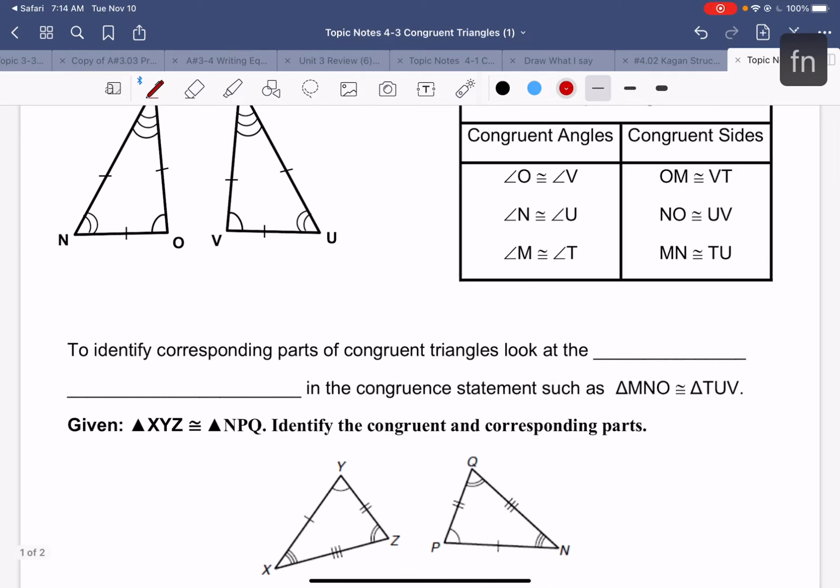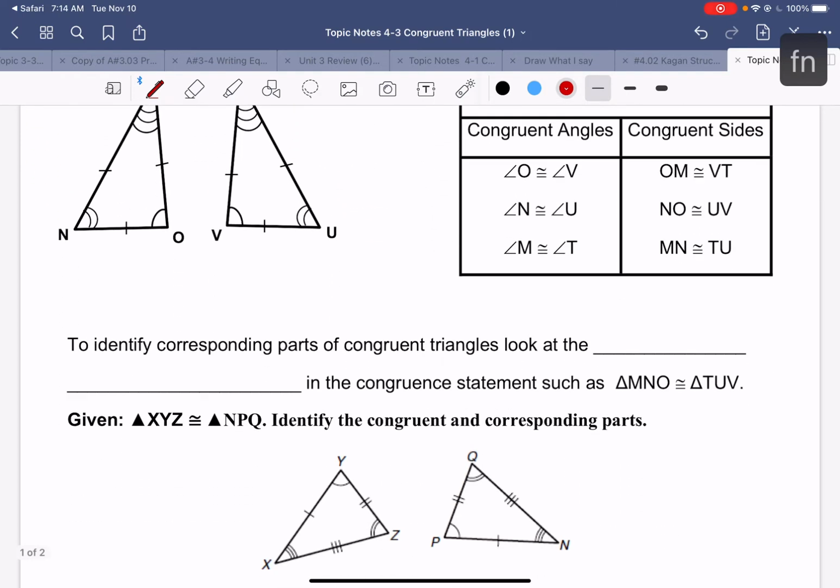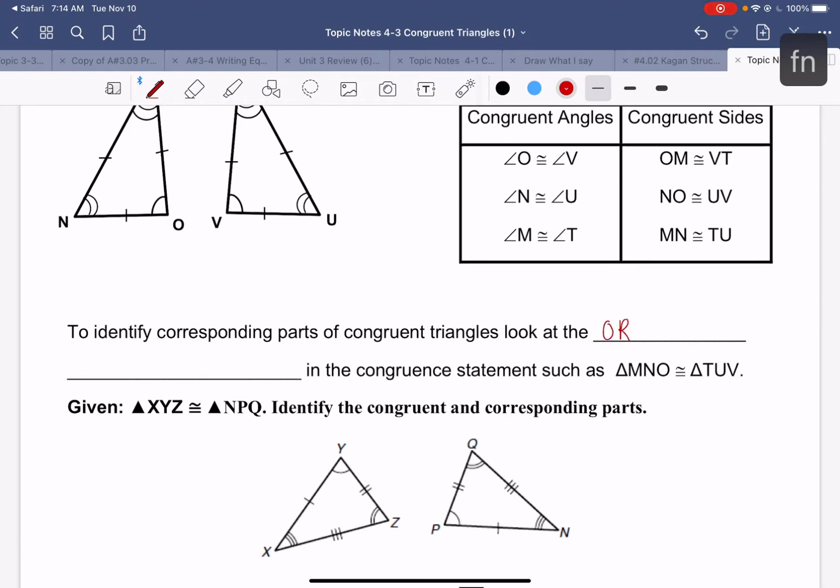To identify corresponding parts of congruent triangles, look at the congruent statement. You want to look at the position that those points are in, the order of the letters.